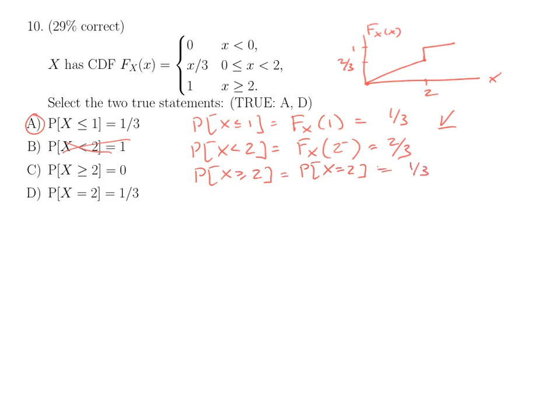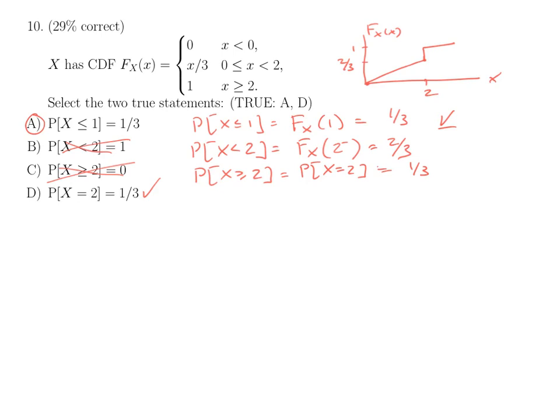It's the height of this jump from 2/3 to 1. The height is 1/3. It's exactly the probability x equals 2. So this is wrong. And then finally, this one is correct. The height of the jump is 1/3.